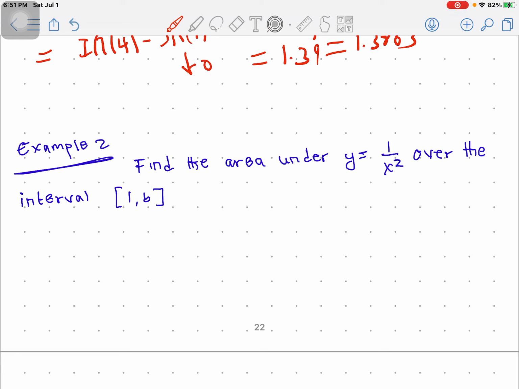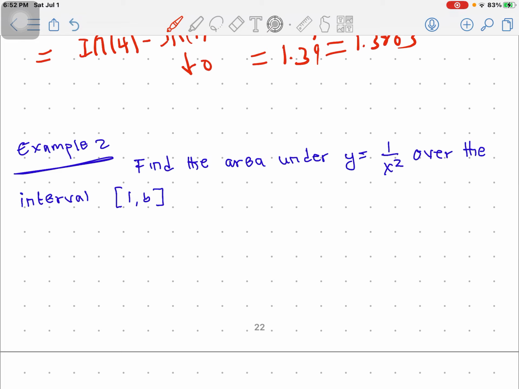As I said in my previous video, the integral of 1 over x is ln x, right? But if you have an integral of 1 over x squared, it is not ln x squared. That's totally wrong. You need to apply your laws of indices to help you simplify it.